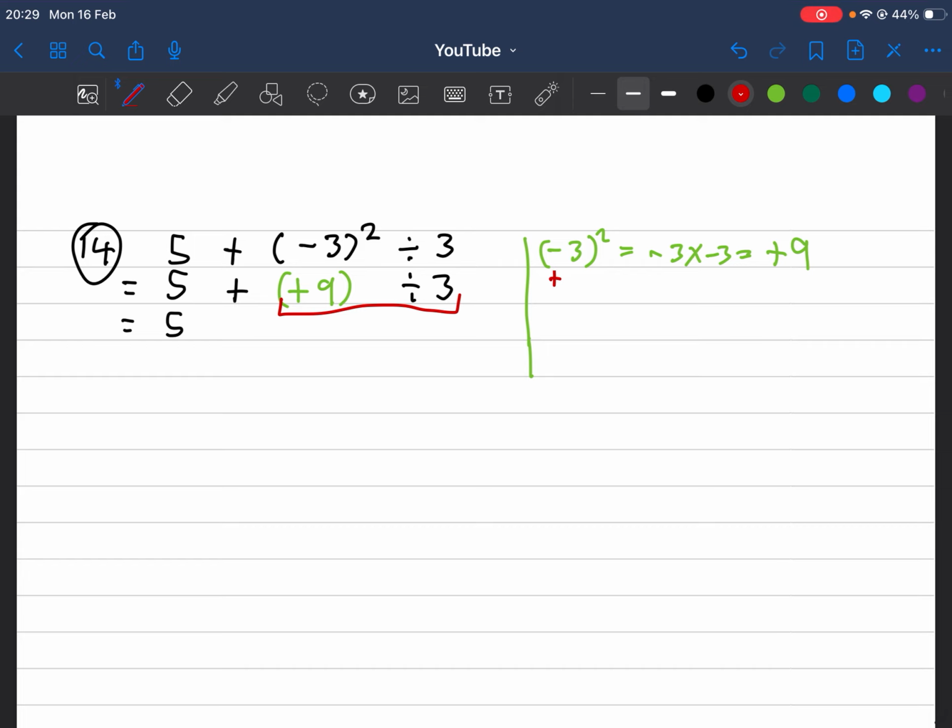A positive and a positive will equal a positive, and 9 divided by 3 will equal 3. So I'll have a positive 3, and basically it's 5 plus plus 3. Now remember, when you have a plus and a plus together, it just becomes a plus. So it'll be 5 plus 3, and that's just going to give you 8. Alright, so no biggie.